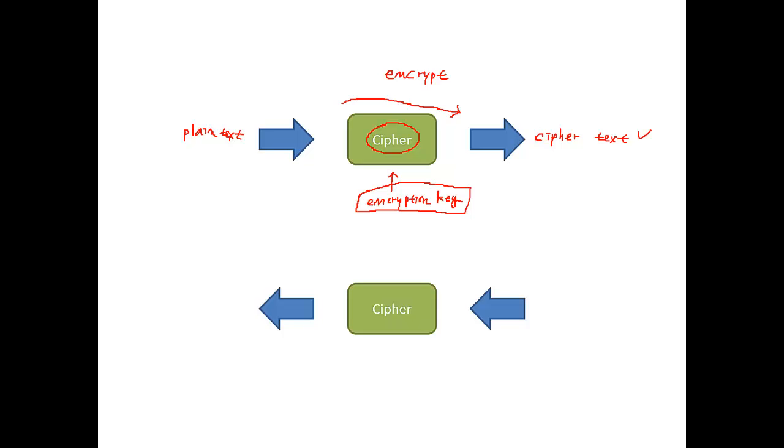In the diagram below, you can see the reverse of encryption, which is decryption. The activity is called decrypt, and in this case you're turning the ciphertext back into plain text.